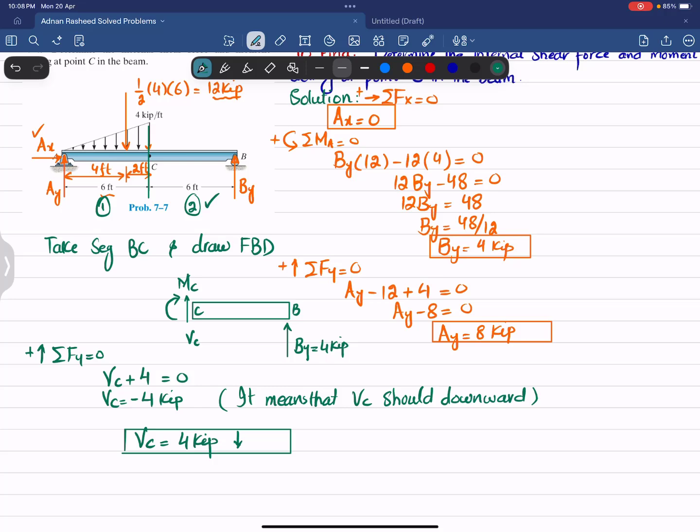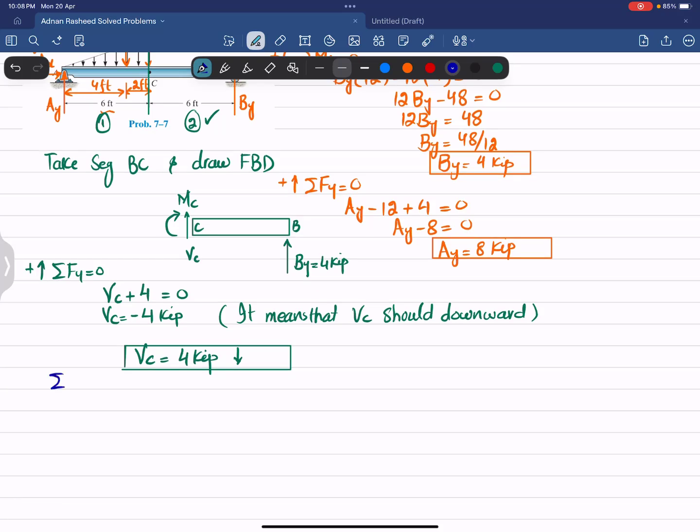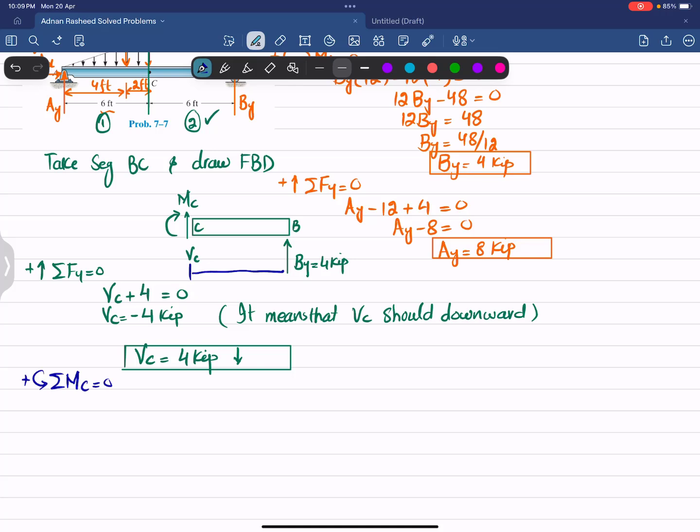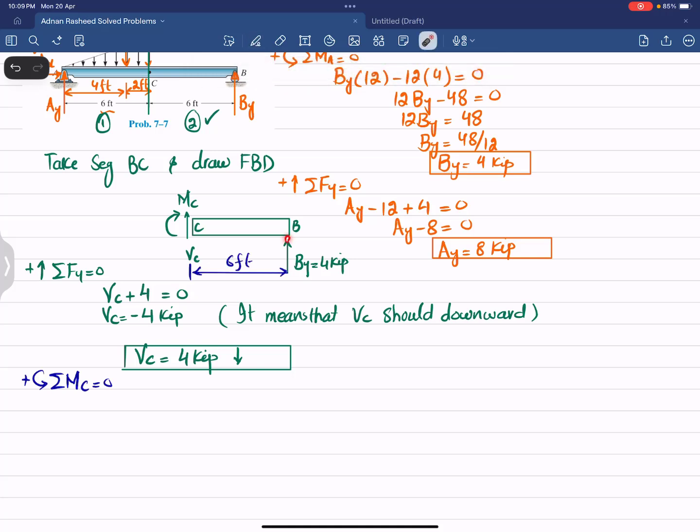Now we'll find the moment. For that we will take the sum of all moments about point C equal to 0, taking counterclockwise moment as positive. About point C, one moment is BY times the perpendicular distance, which you can see is 6 feet. This force multiplied by this perpendicular distance is producing counterclockwise moment, so it will be positive.